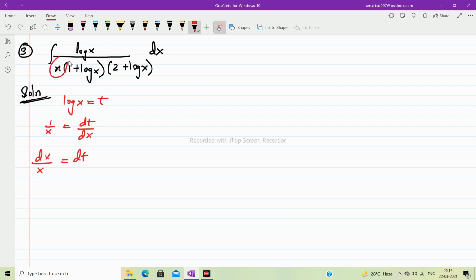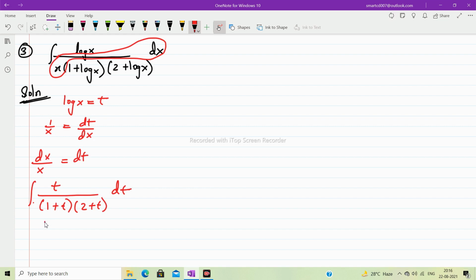This part is dx upon x. So this question will become t upon 1 plus t into 2 plus t, dt, right? Now this becomes similar to partial fractions.